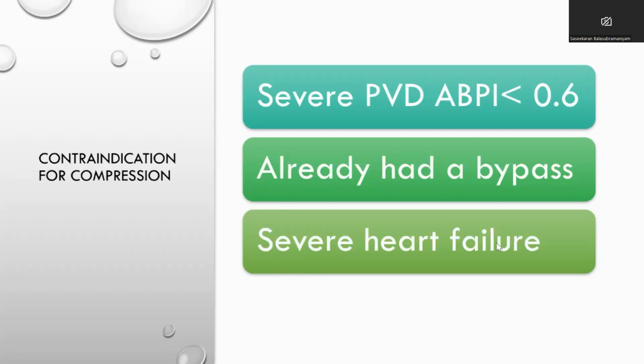Or I would say rather than applying compression, keep the leg elevated and see how these ulcers respond. Sometimes you might need to admit the patient for elevation. And if a patient is having severe heart failure, it is also better to avoid compression, because sometimes the skin breaks and they get more and more ulcers.